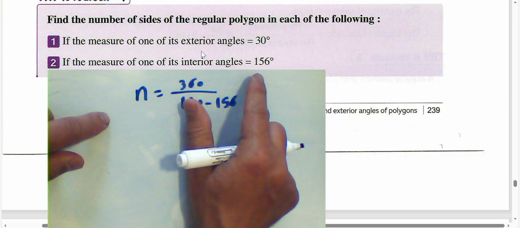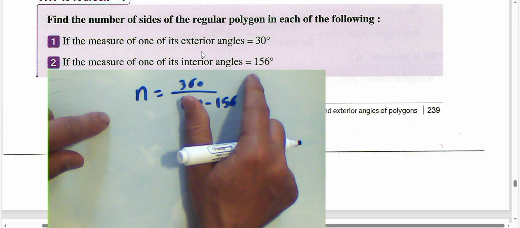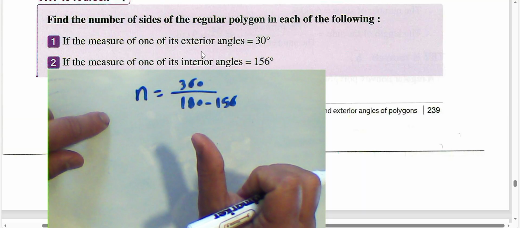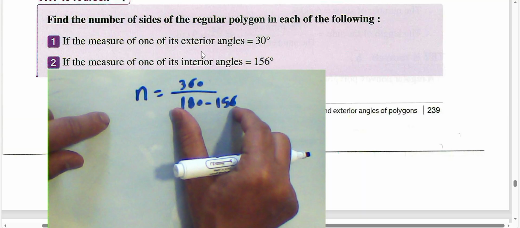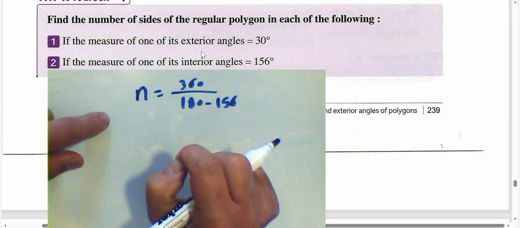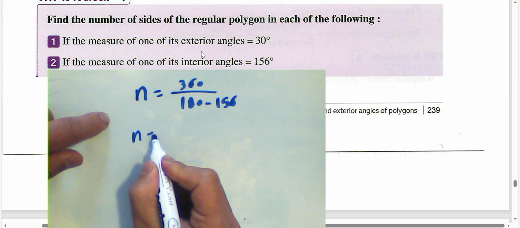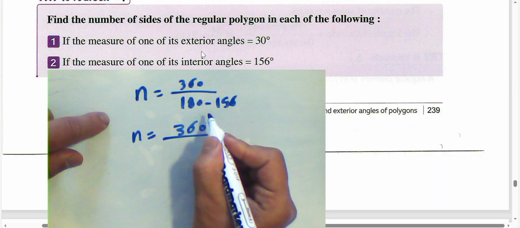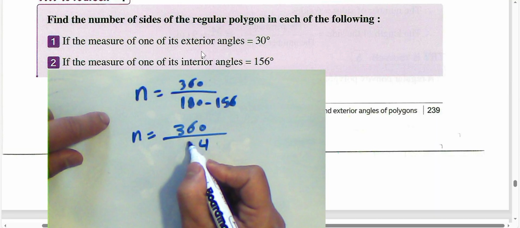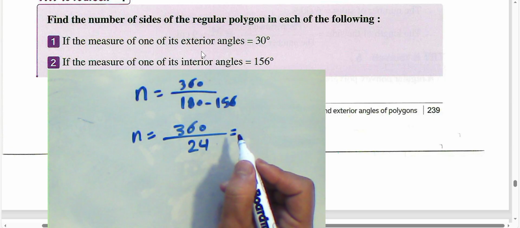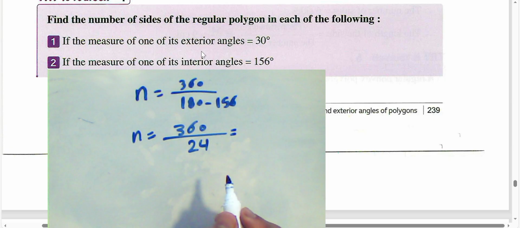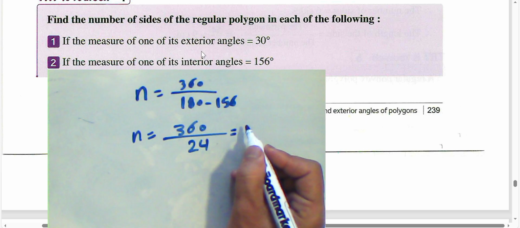So if the example gives you the interior angle of a regular polygon, you can find the exterior angle and divide 360 by it in one step. Then n equals 360 over 180 minus 156, which is 24, then 360 divided by 24 equals 15.